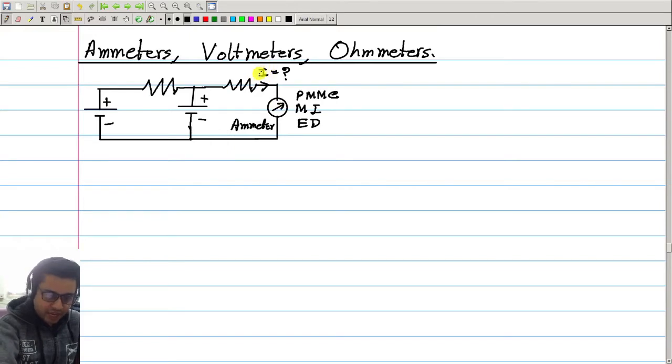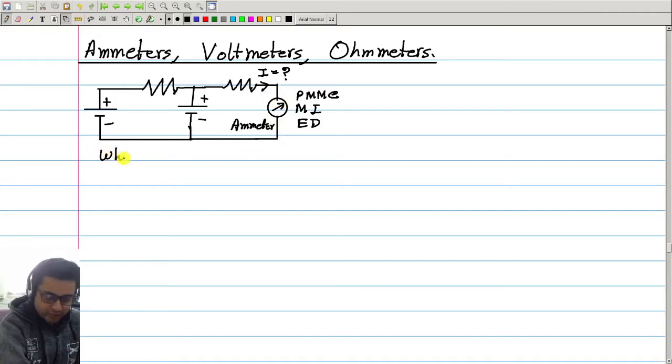Therefore, this current I can also change, and therefore the reading that you are getting shows the value of the current which is flowing in the presence of the instrument, and this may or may not be the same as the current that was flowing before the instrument was inserted.